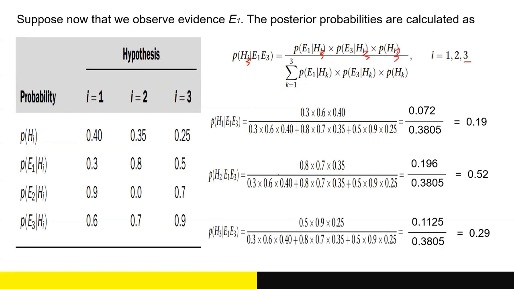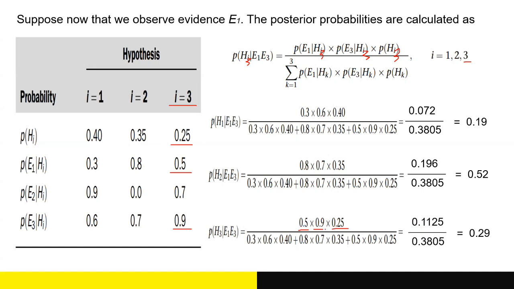So our index i now is 3. So the probability of hypothesis 3 given evidence 1, evidence 3 is equal to the probability of evidence 1 given hypothesis 3. Our i is equal to 3 now. So we have 0.5. And then the probability of evidence 3 given hypothesis 3, so we have 0.9 multiplied by the prior probability of hypothesis 3. So we have 0.25.